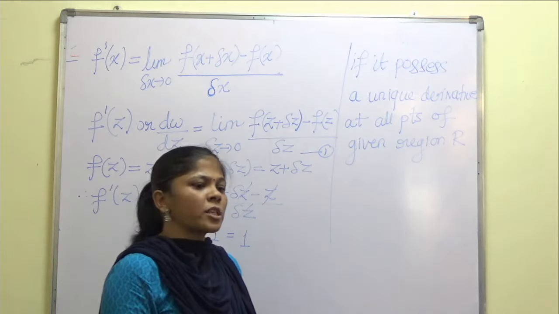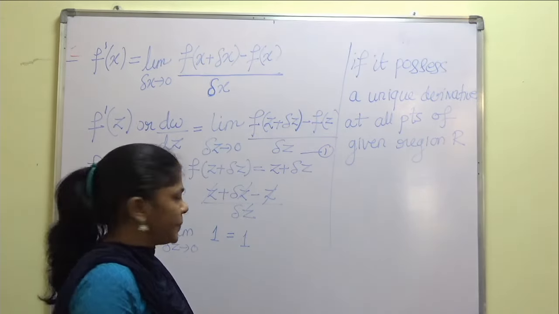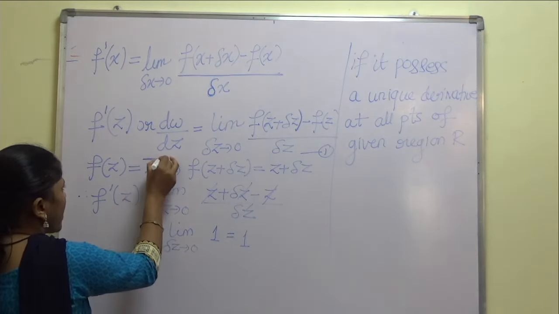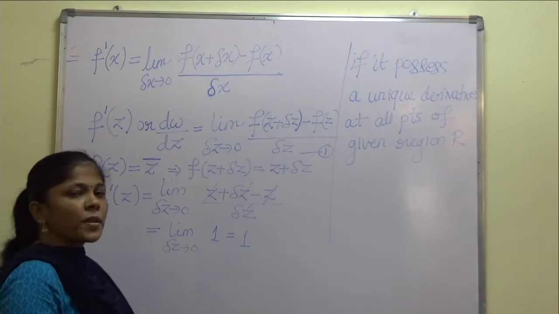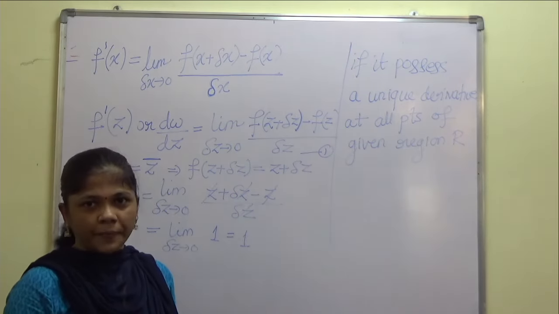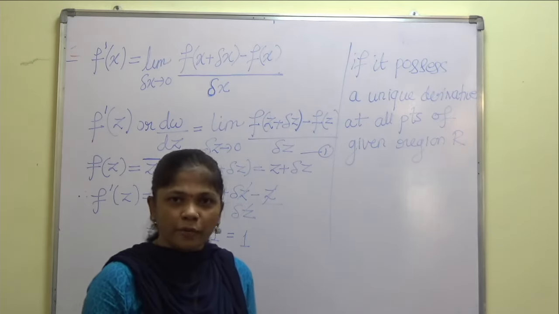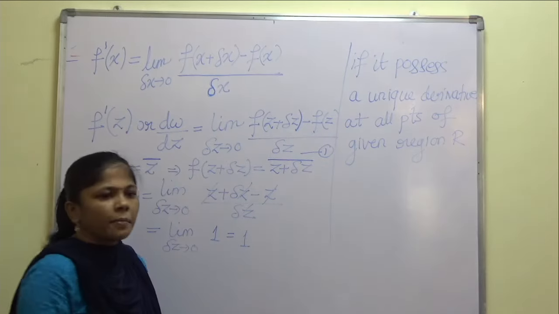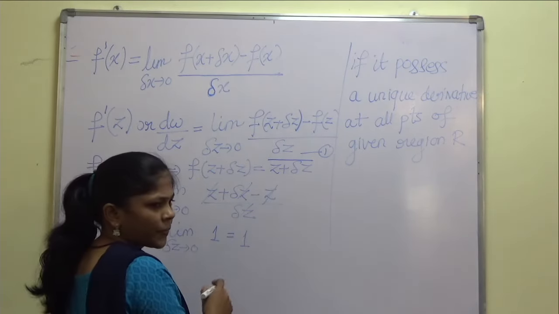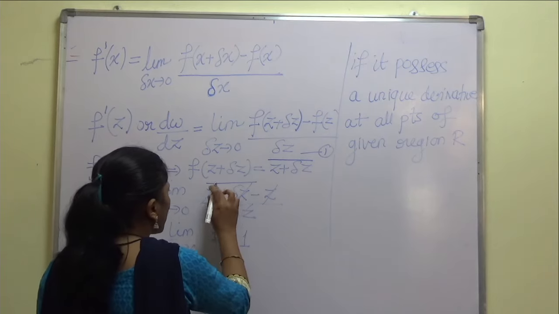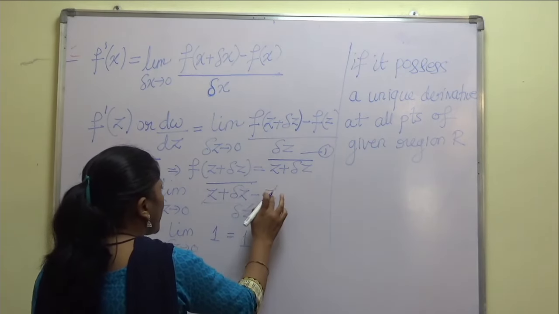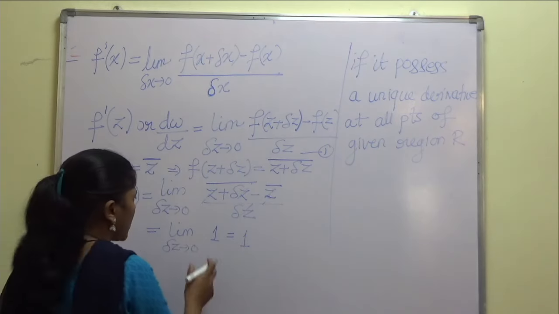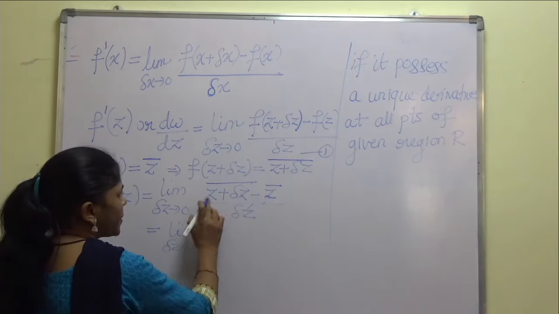I'll try to explain this with the help of one example. Suppose in place of f of z as z, I take z bar. What is z bar? Z bar is nothing but the conjugate of z. So f of z plus delta z will be the conjugate of z plus delta z, and we put this in equation 1. So we will have such types of terms. Now, what will be the conjugate of z plus delta z?